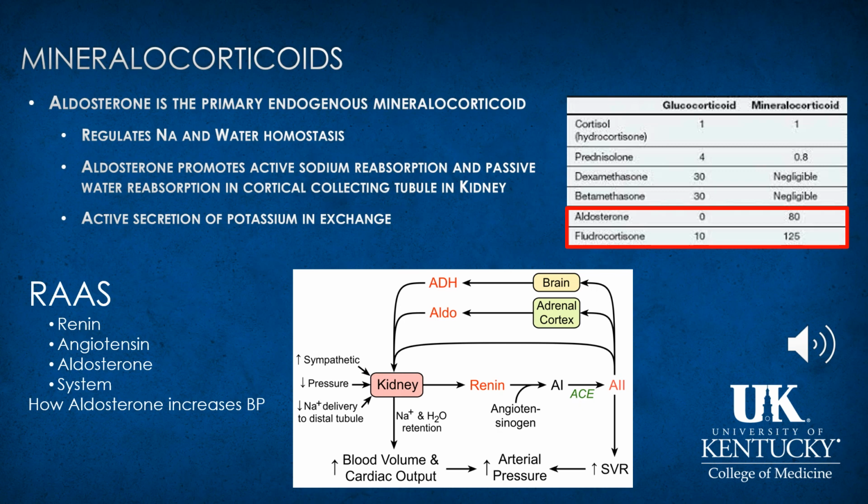The plasma renin then carries out the conversion of angiotensinogen released by the liver to angiotensin 1, which is subsequently converted to angiotensin 2 by the angiotensin-converting enzyme, found at the surface of vascular cells, predominantly in the lungs.